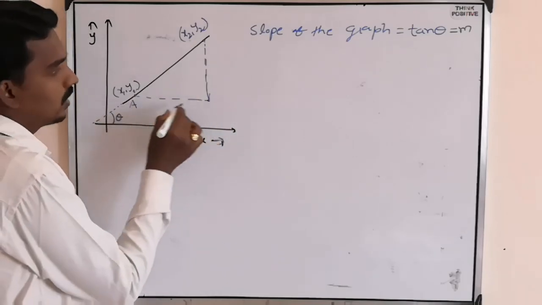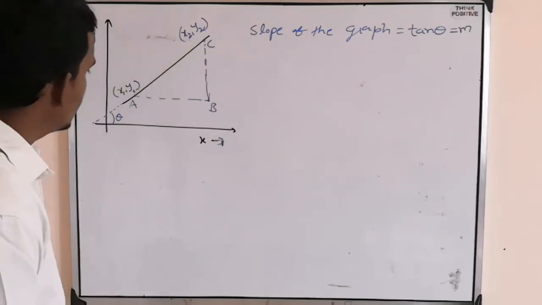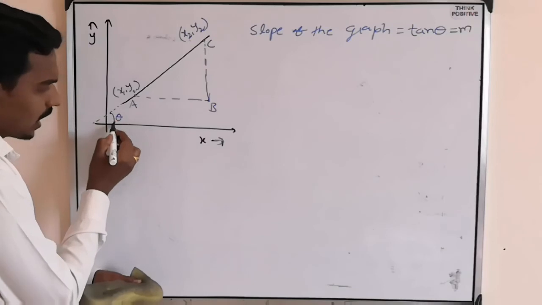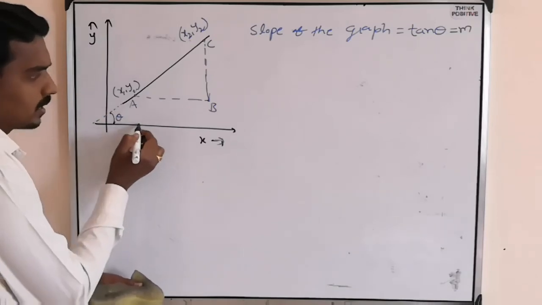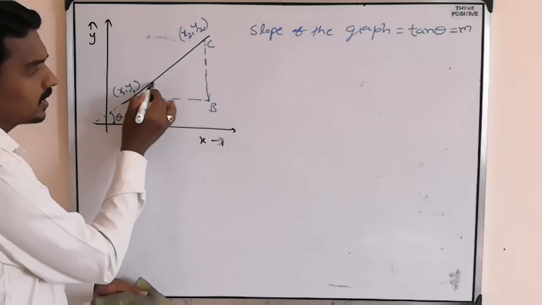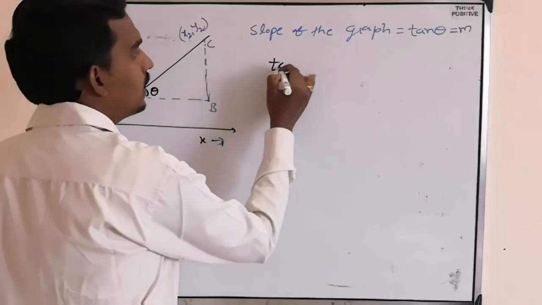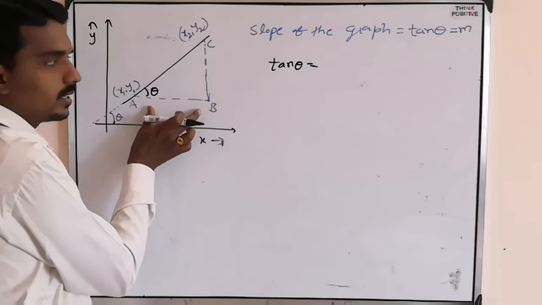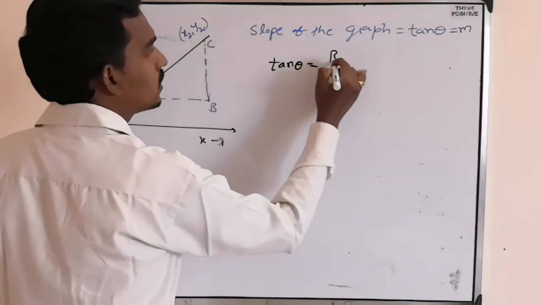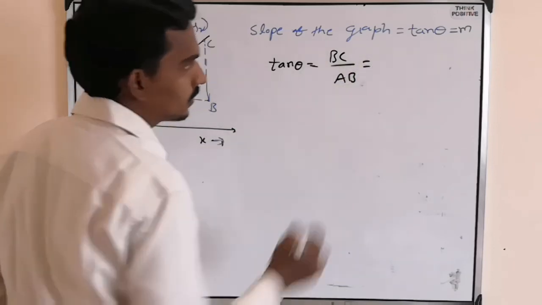Now it is like a right angle triangle. Here, theta is the angle between the graph and the x-axis. This is the x-axis, this is the graph, so this is also theta. Then tan theta equals opposite by adjacent. Opposite is BC, adjacent is AB.